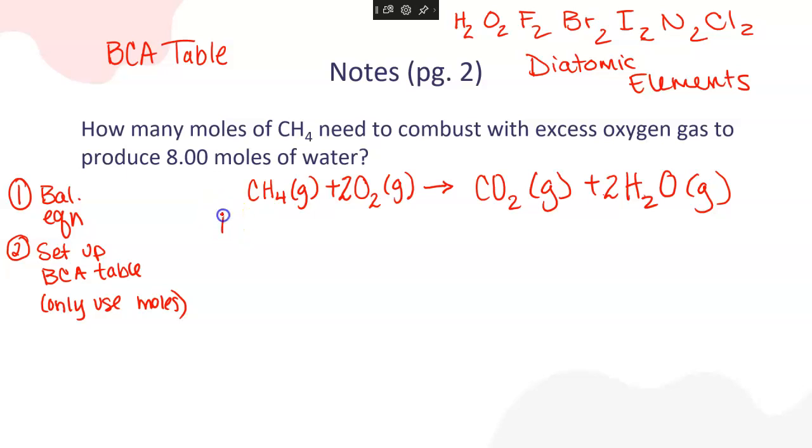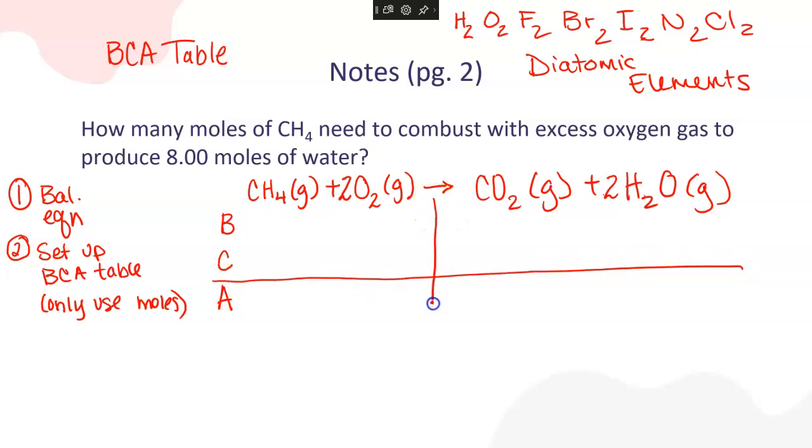Okay, so we write BCA just to the left of where our reactions start, like where we started writing out our reaction. Draw a line between the C and the A, because there's a reason, and I'll show you. And we want to separate out all of our stuff.